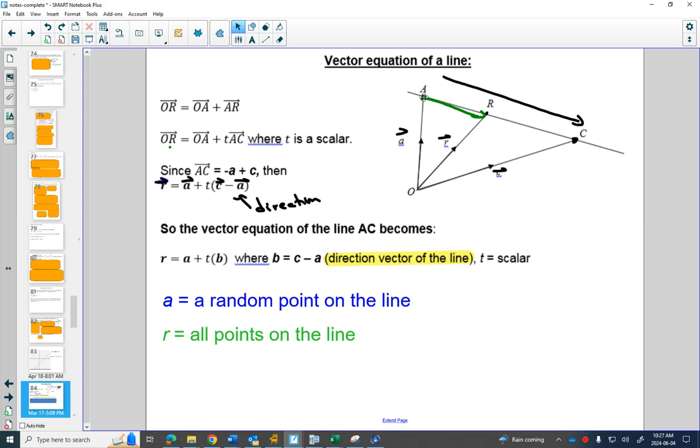And then R becomes all the points on that line. So very much like the point-slope form of the equation of the line, this uses any point, and the direction vector is kind of like your slope vector.